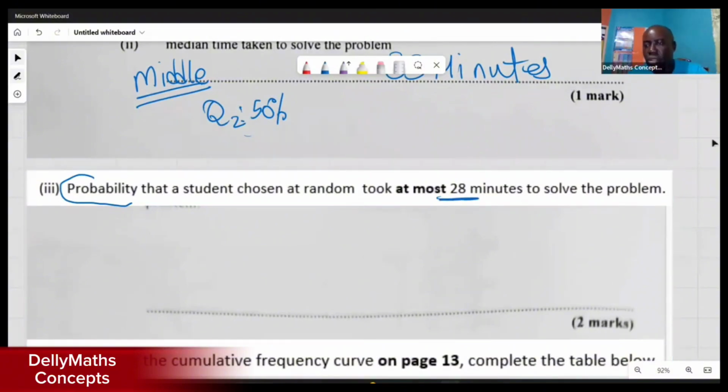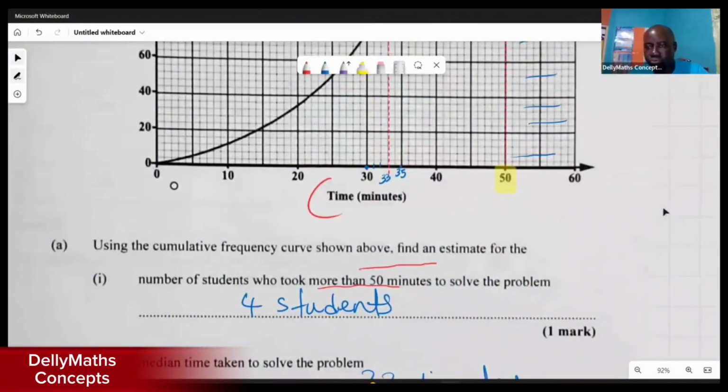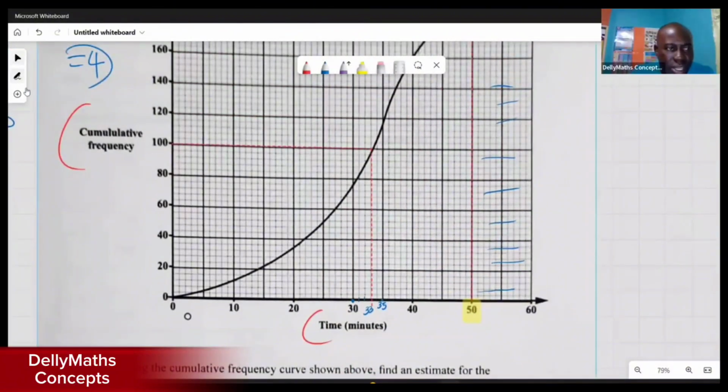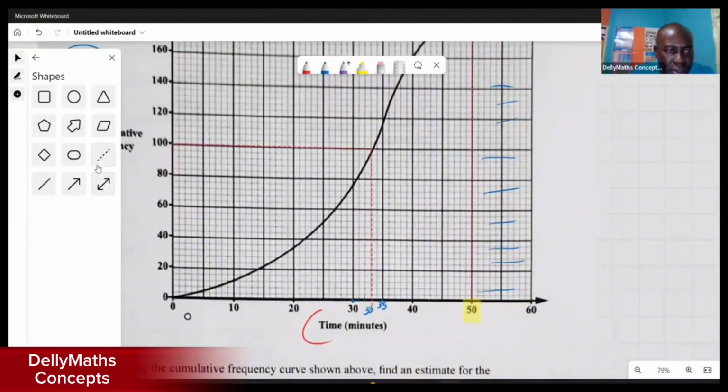Going back to the curve, we're going to find 28 minutes. 28 is right here. So we're going to take 28, take it up right there, and then we're going to take it across right here.